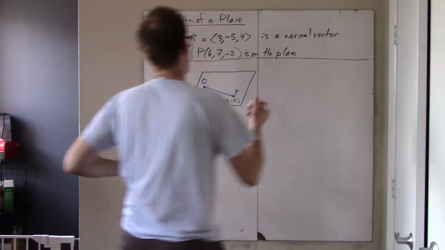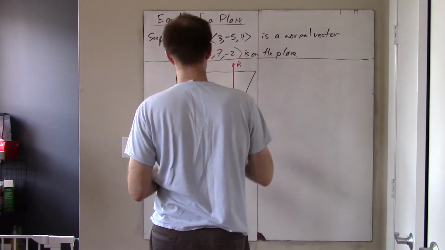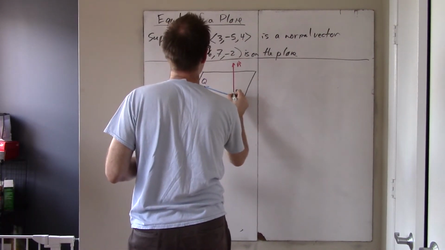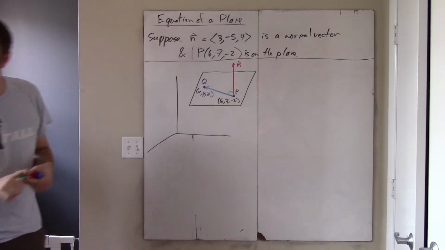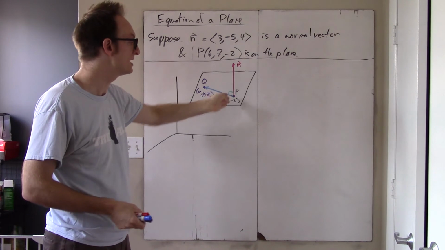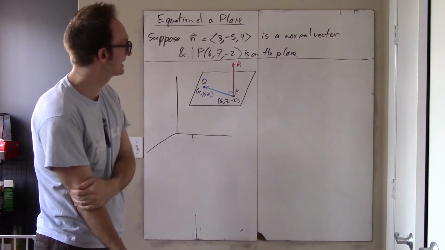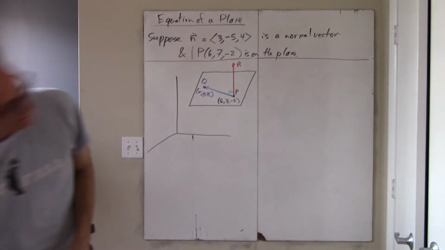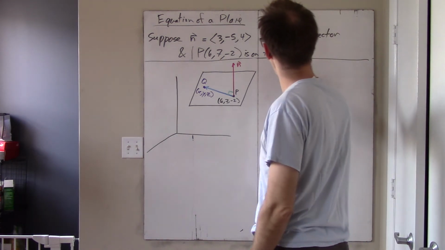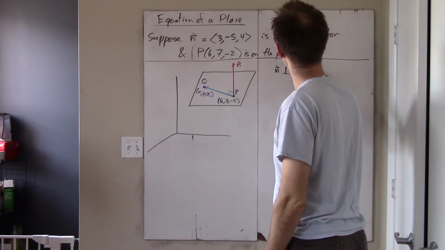I say, this normal vector is perpendicular to this vector PQ. I want you to feel that: because the normal vector is perpendicular to the plane, it's perpendicular to every line in the plane. So I'm going to write that down as the one piece of information that I know for sure: this normal vector is perpendicular to the vector PQ.